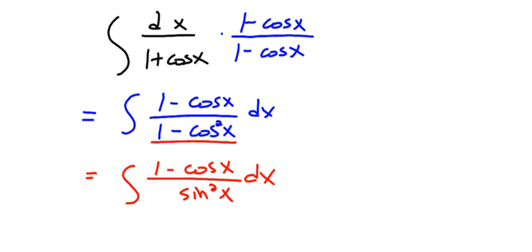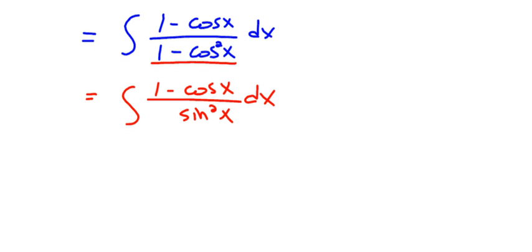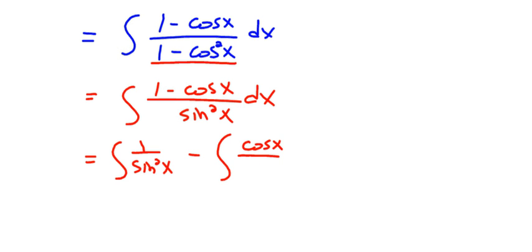And then from here, I want to split these into two integrals, and it becomes much easier to find the antiderivative. And then from here, I'm going to go ahead and say that this is really cosecant squared of x, using another trig substitution, the reciprocal.